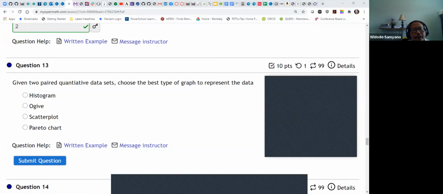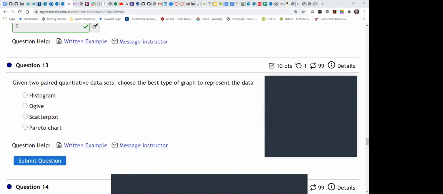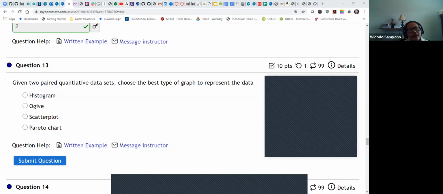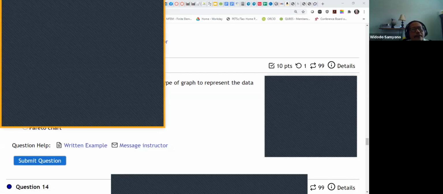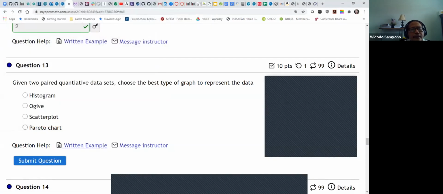I think a histogram is only for one, right? Okay, for search. Okay, so you can see here, you can go to the worked example. Yeah, you can check the textbook later, okay? So the answer will be scatter plot.